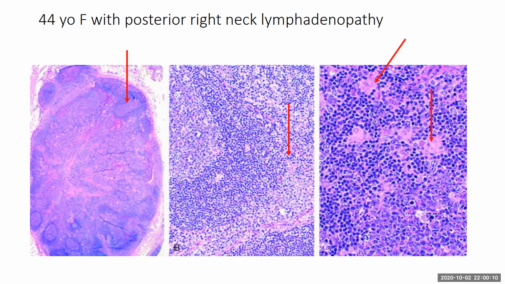Yeah, so this is the classic triad described in toxoplasmosis. You have follicular hyperplasia, monocytoid B cell expansion, and epithelioid histiocytes that kind of ring in the paracortex as well as around these areas of monocytoid B cell expansion.